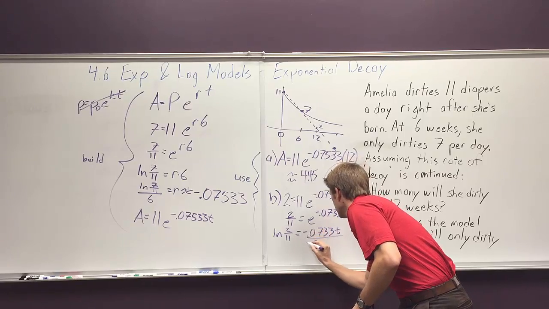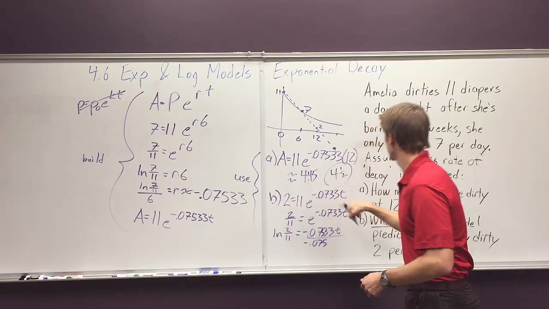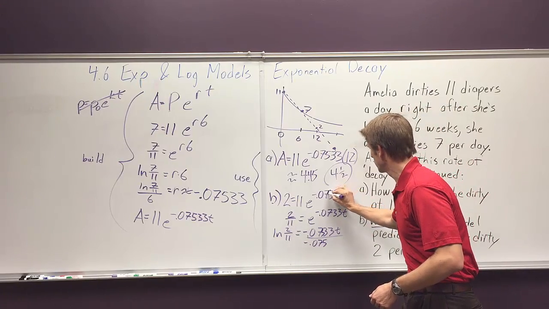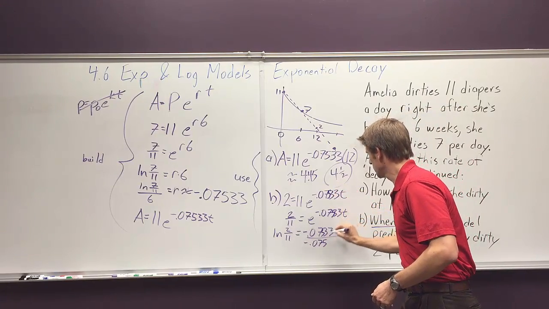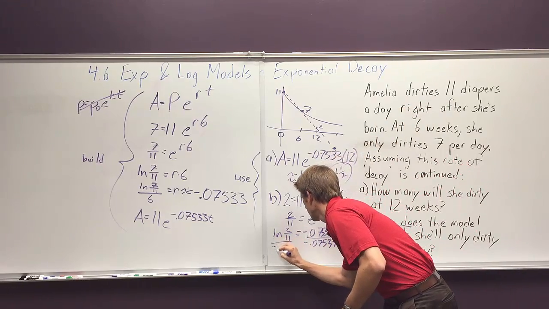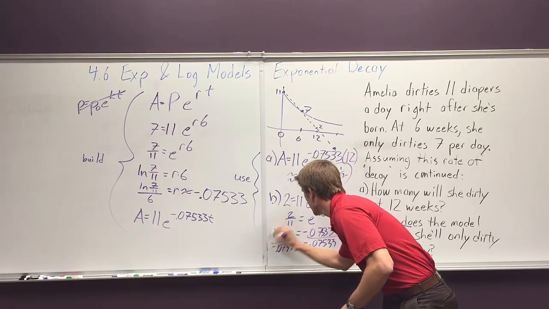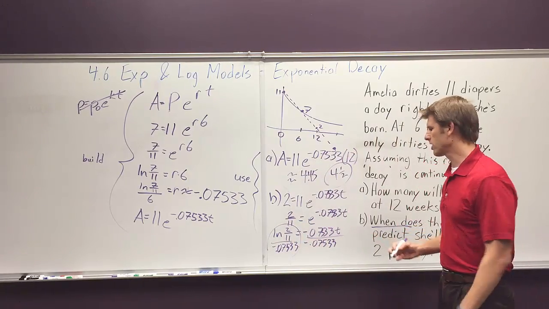Oops, and I forgot my negative. And my 5. Where did the 5 go to? There we go. Negative 0.07533. That's the t value I'm looking for.